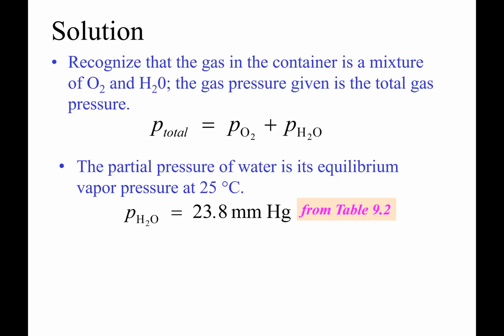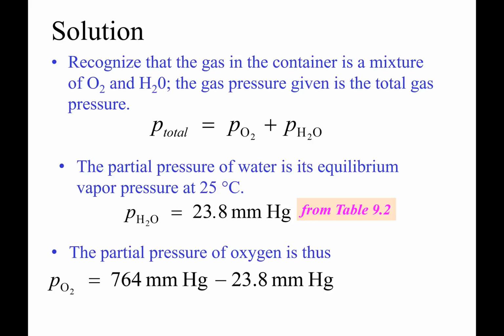Cool. Now I can rearrange this up here and say that the pressure of my oxygen will be equal to my total pressure, which I had in the problem, minus the partial pressure of my water vapor, which is 23.8 millimeters of mercury.